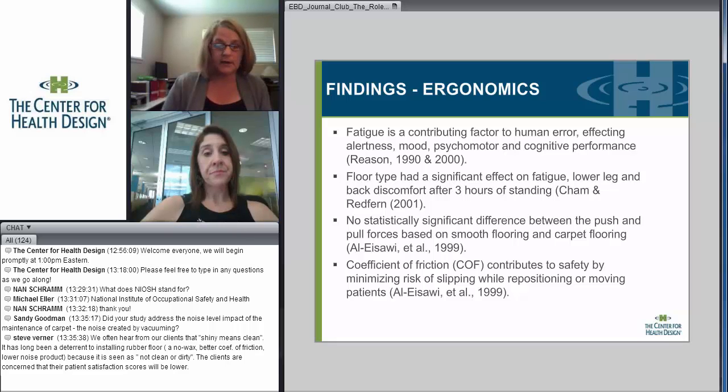And then finally, the coefficient of friction contributes to safety by minimizing risk of slipping while repositioning or moving patients.